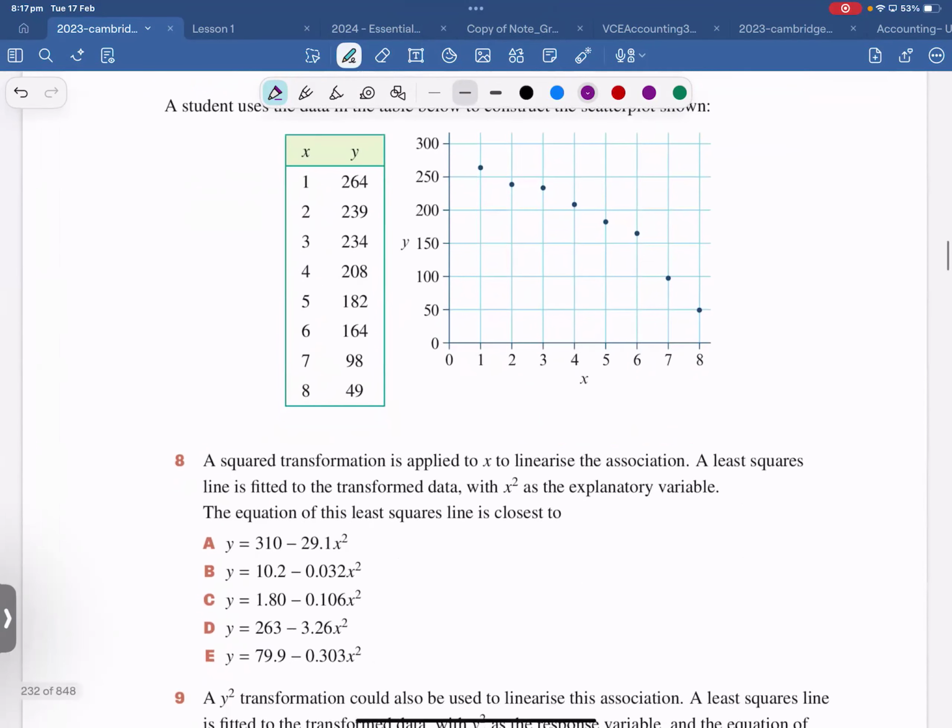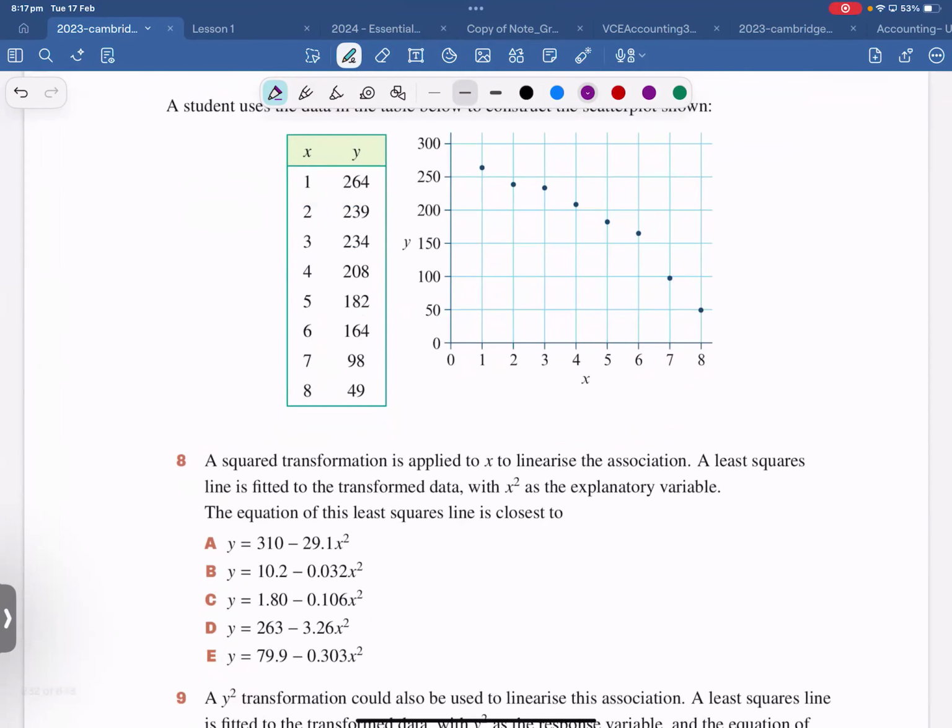Right. What's the answer for question number 8, guys? Did you get it? No. Okay. Sandhya, did you get question 8? I don't quite understand it. You didn't understand?